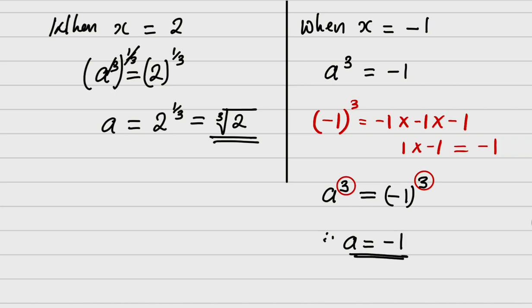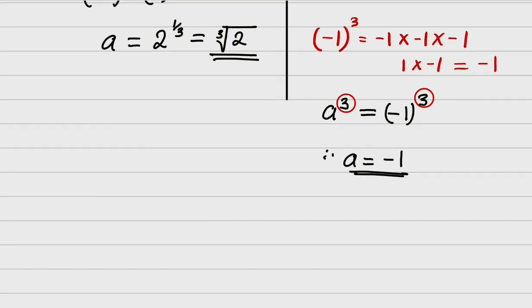Now listen, there are other values of a, but we are talking about the real values of a. All right, so at the end, or in conclusion, a is cube root of 2 and a is equal to minus 1. These are the only two real values of a in this equation.